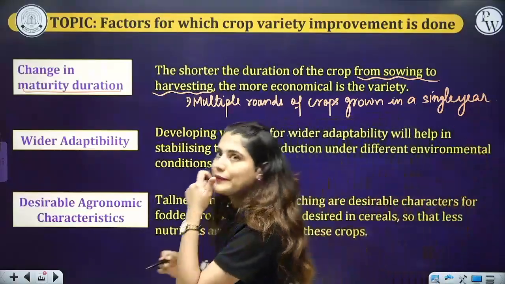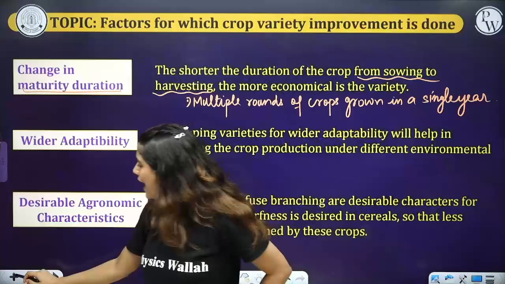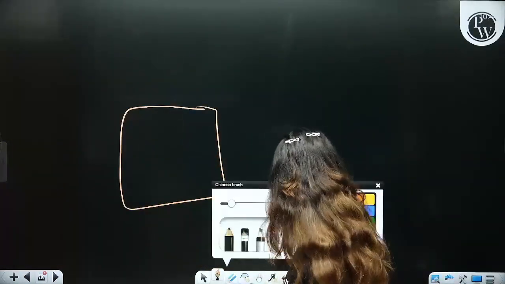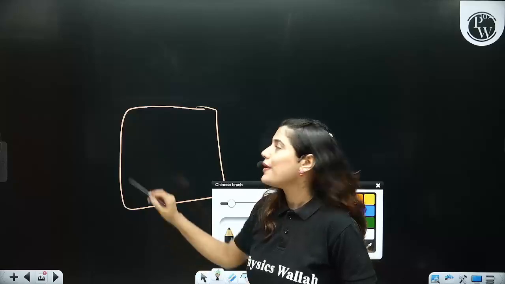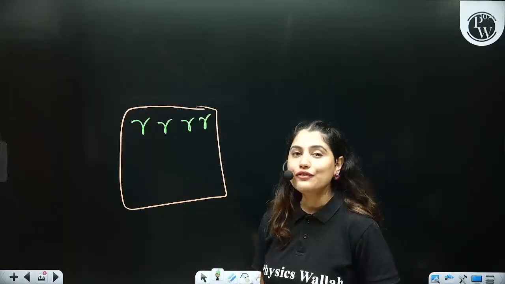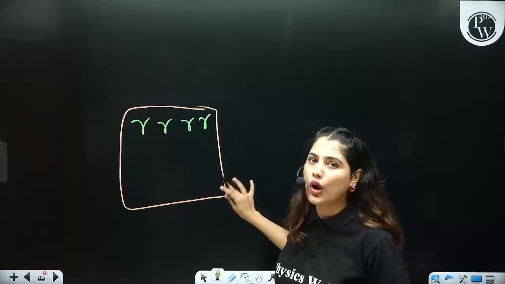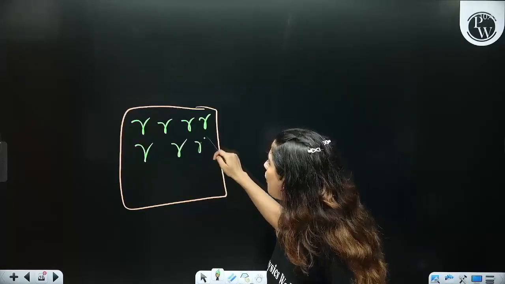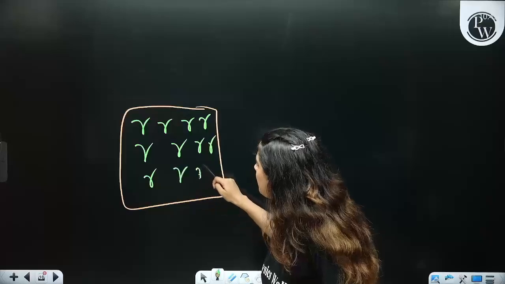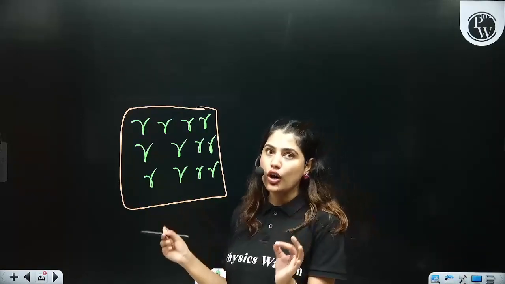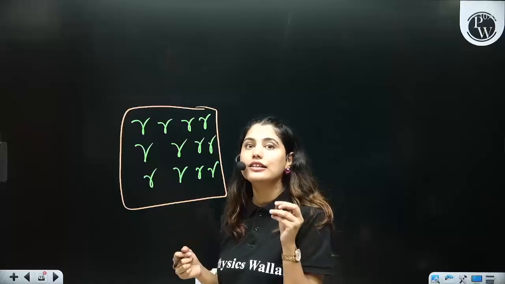Right, clear. Now guys, imagine if this is the land, and there is a crop which is growing here. And if I say all the crops which are growing should have uniform maturity, what do we mean by it? Uniform maturity, that is, they should be maturing and harvested at a single time.